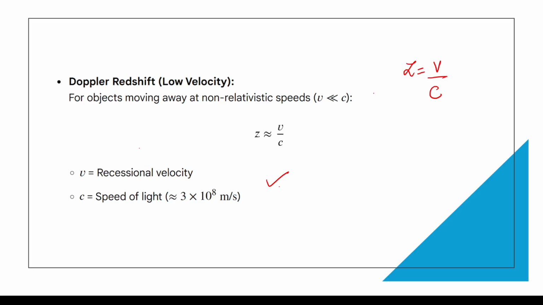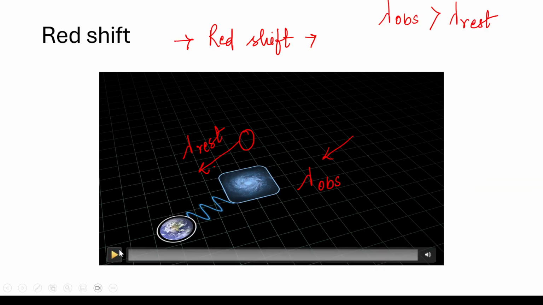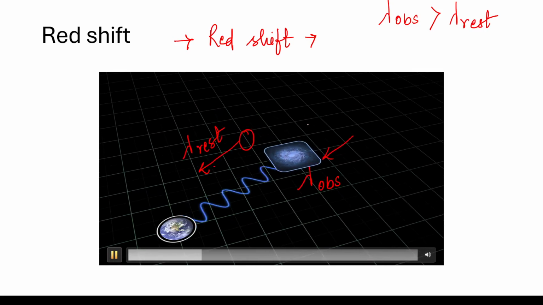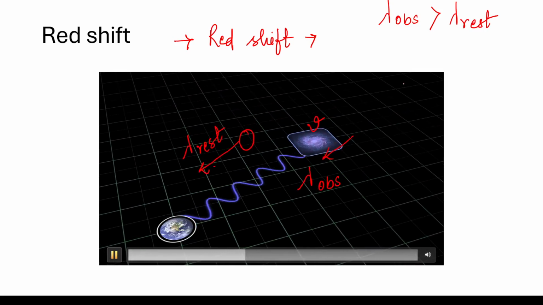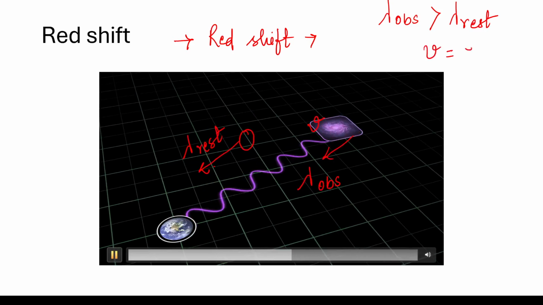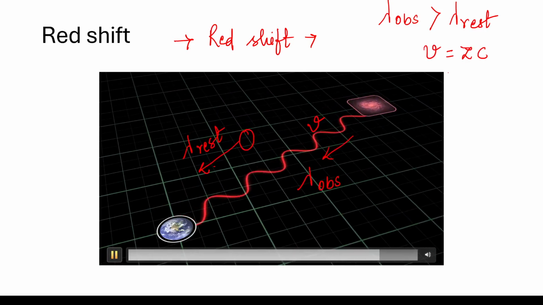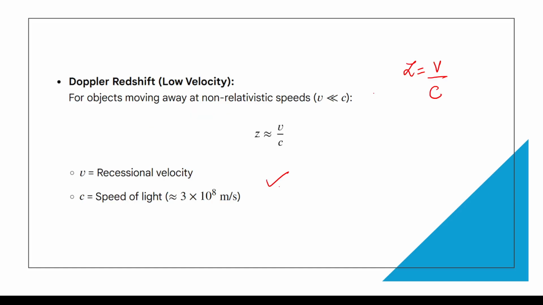Recessional means the velocity at which the star is receding from us. So with what velocity is it going away from us? We can just calculate it by multiplying c with z. The condition is that it should be low velocity, not very high velocity.